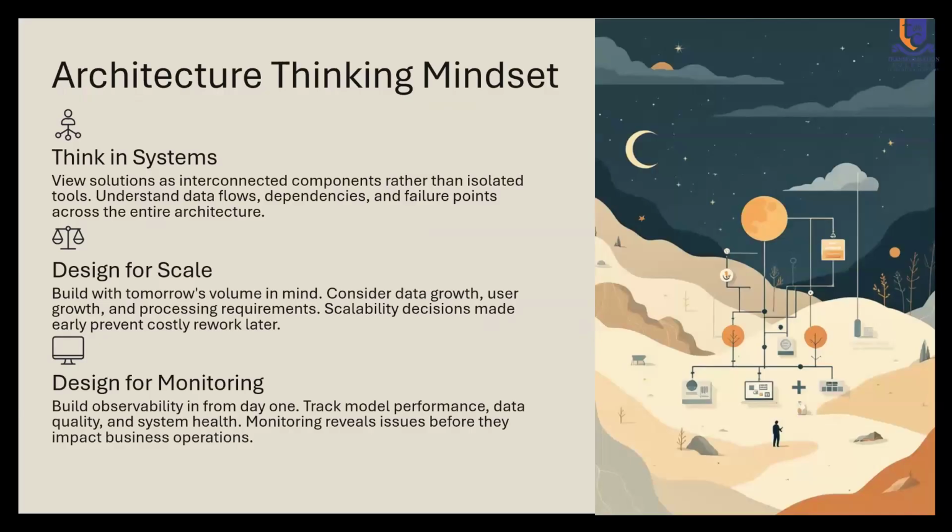Now you have to think in systems, you have to design for scale and design for monitoring, right? When you think in systems, basically all it means is you're not thinking about standalone points in your model, right? You're thinking, how can I get all these different standalone points to combine into a major system, right?